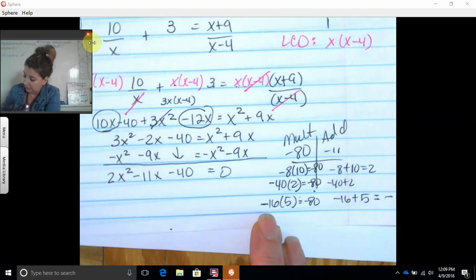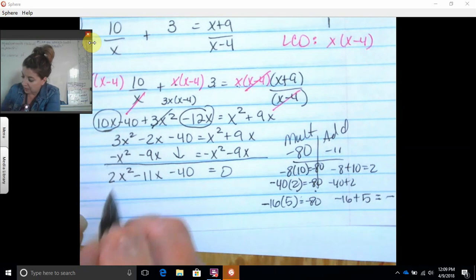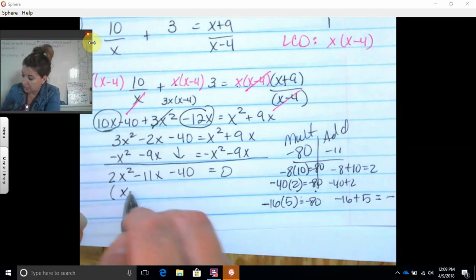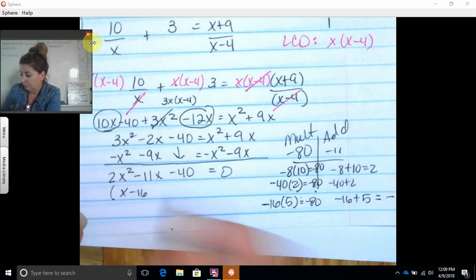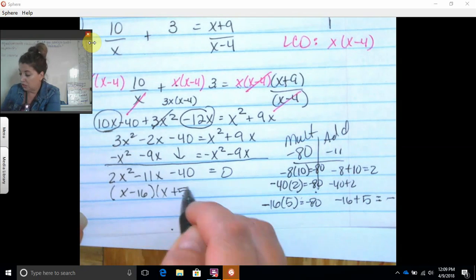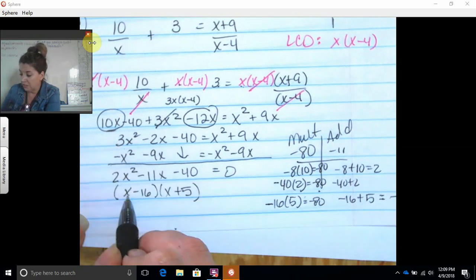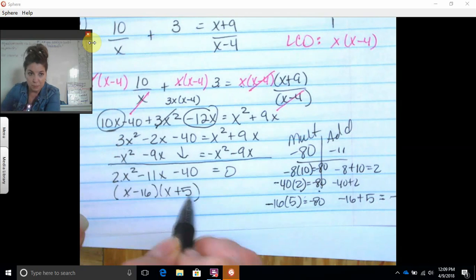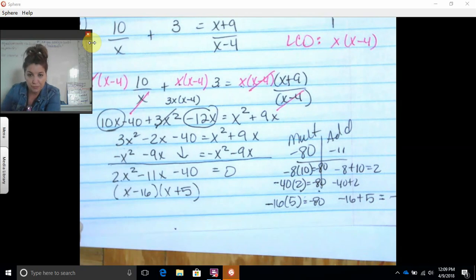Good job, Julissa. So we've got x minus 16 and x plus 5. By doing a quick check, first times first is not giving me first, last times last is not giving me last. What's the problem? The negative 40. You need to move it over, right? I did.